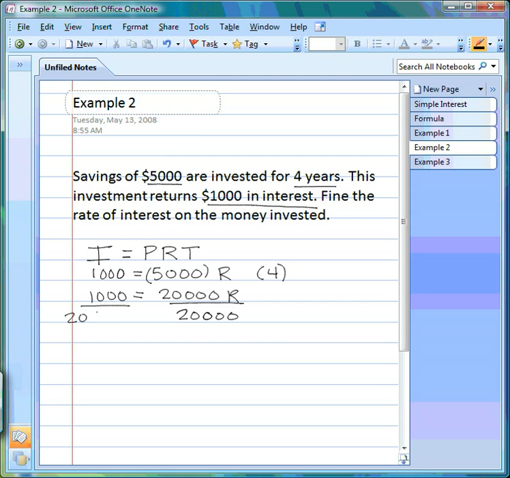And you must do the same thing on the other side of the equal sign. So that'll cancel. $1,000 divided by 20,000 equals 0.05. That's going to equal R. Now we need to switch that into a percentage, and we do that by moving our decimal point 2 places to the right. So that's a 5% interest rate.